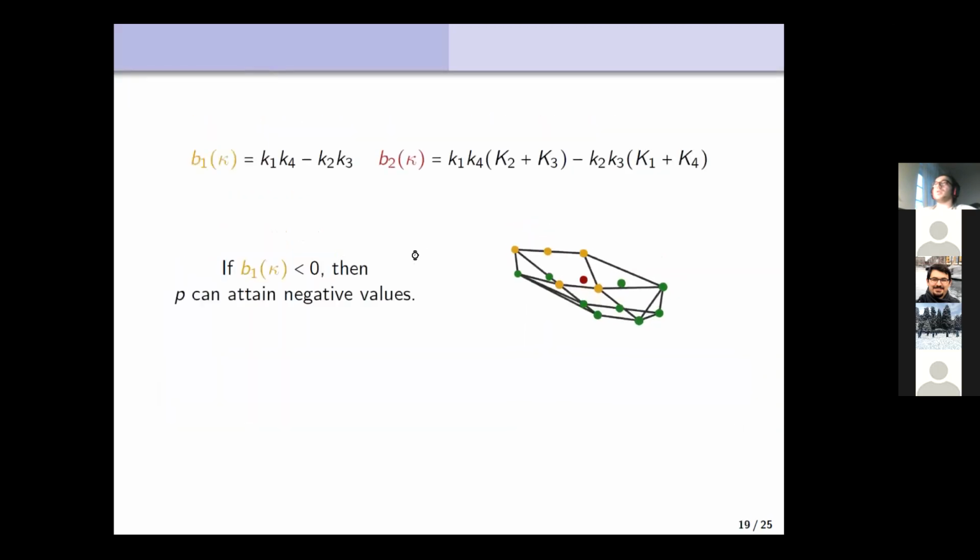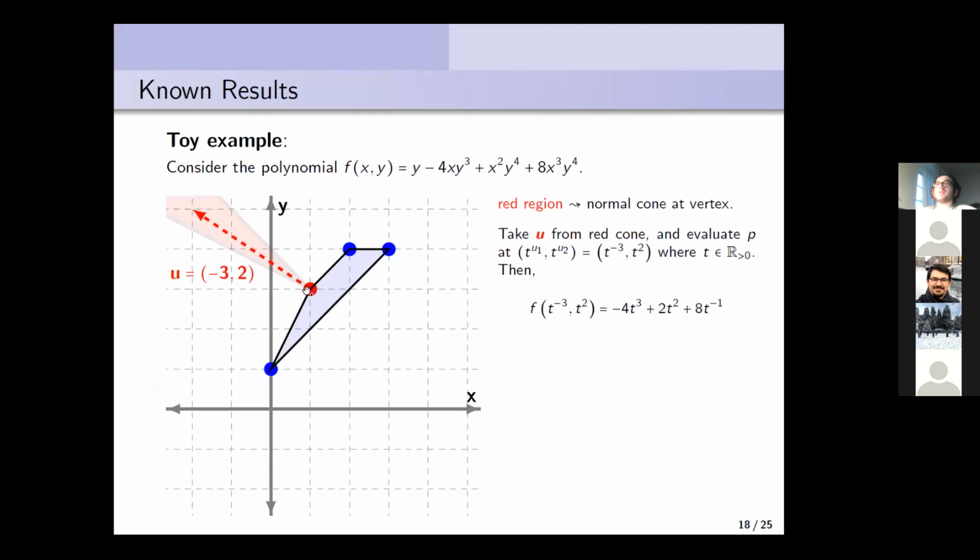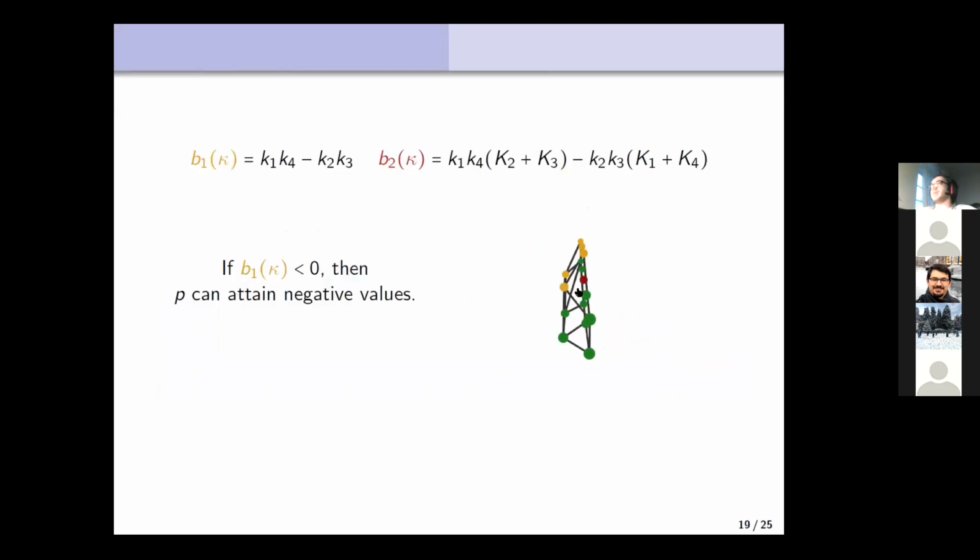So this is essentially generalizing what we had for this guy over here. It doesn't have to be a vertex, and it doesn't have to be a one-dimensional facet now. It tells you that you can play this game if you have a red point on a two-dimensional face, just as we have in here.